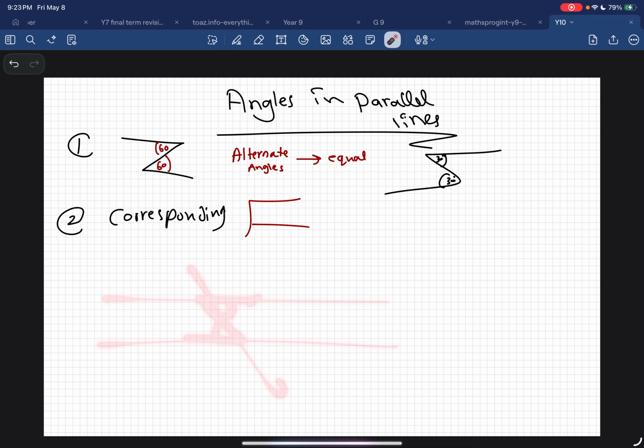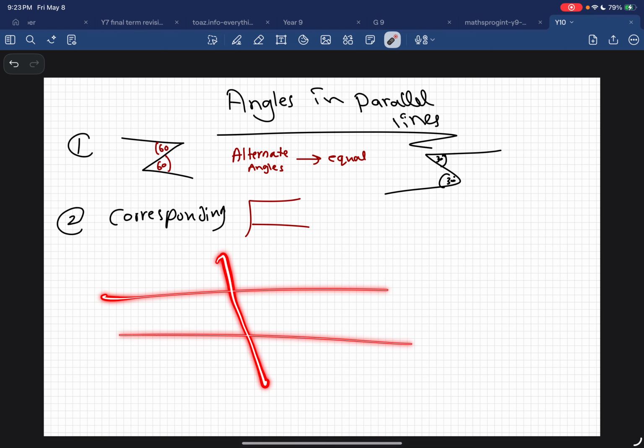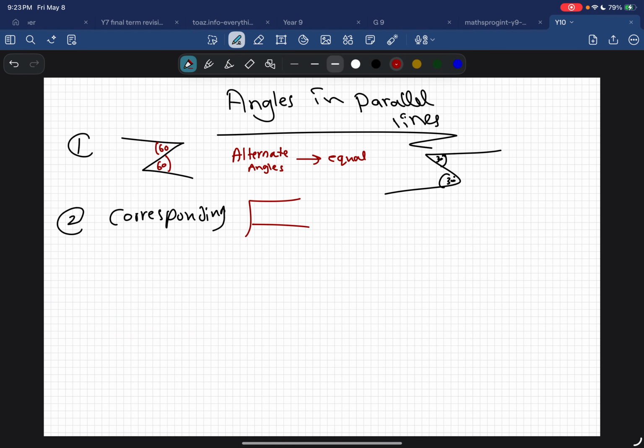And the same thing, if this is equal to this, then they are corresponding because they're showing the letter F. Corresponding angles are equal. So if this was, let's say, 120, this will be also 120, showing the letter F.